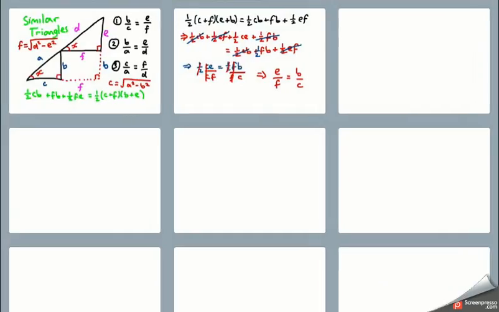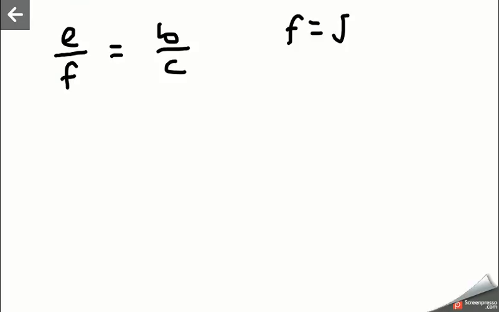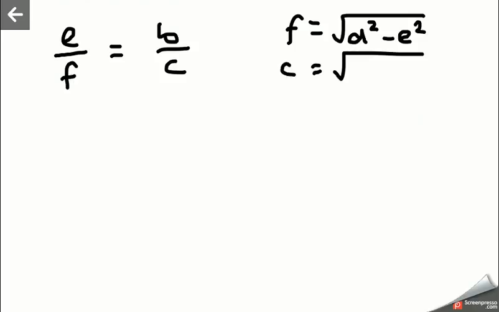So if we go back here, we had E divided by F is equal to B divided by C. And we also had that F is equal to the square root of d squared minus e squared, and C is equal to the square root of a squared minus b squared.